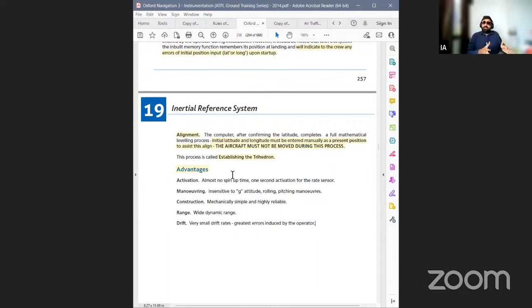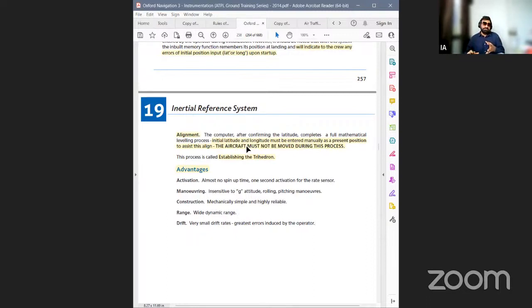INS is a self-contained unit where once you put in the initial position of the aircraft, it will be able to analyze the speed and the deviation from that initial position with the help of accelerometers to determine its present position. And it will also help us with other important data, which will help us with ground speed, track error angles, drift angles, and so much.